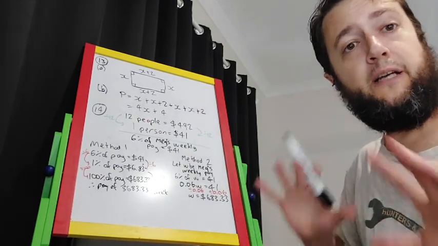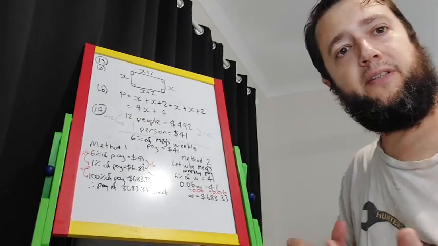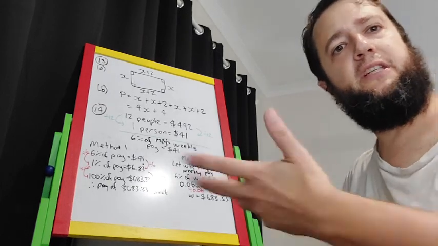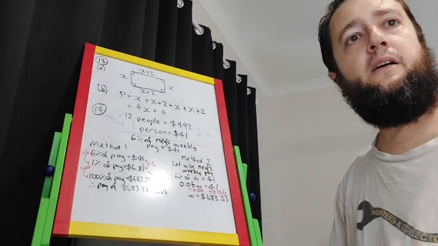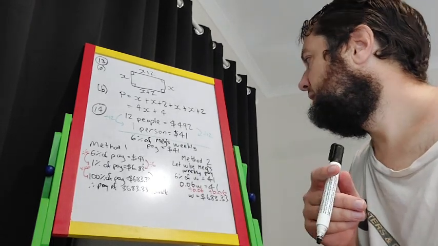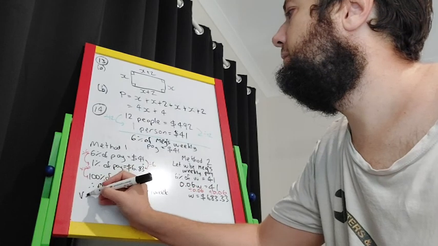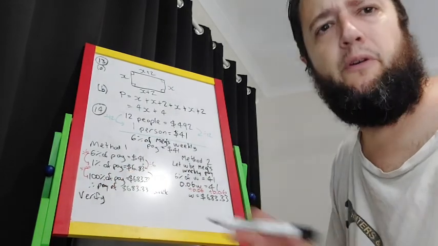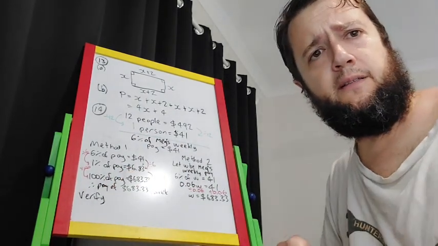It's quicker, it's easier, and it's more reliable, but you've got to see you can write that equation before you can enjoy the benefits. All right, and verify your answer. Go in reverse. A nice way of verifying is to go in reverse.